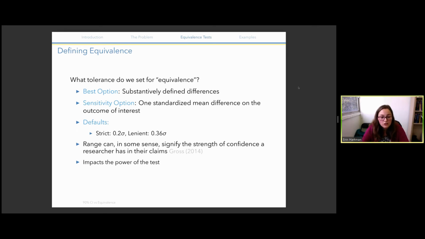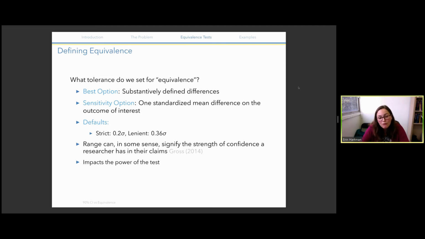There's also literature out there about defaults. A 0.2 standardized range is considered a pretty high bar. It's hard to prove equivalence within that range. A more lenient range is 0.36. The 0.2 range comes from some simulations that Rubin and some co-authors did, showing that under a set of assumptions, imbalances of that level don't induce a lot of bias.